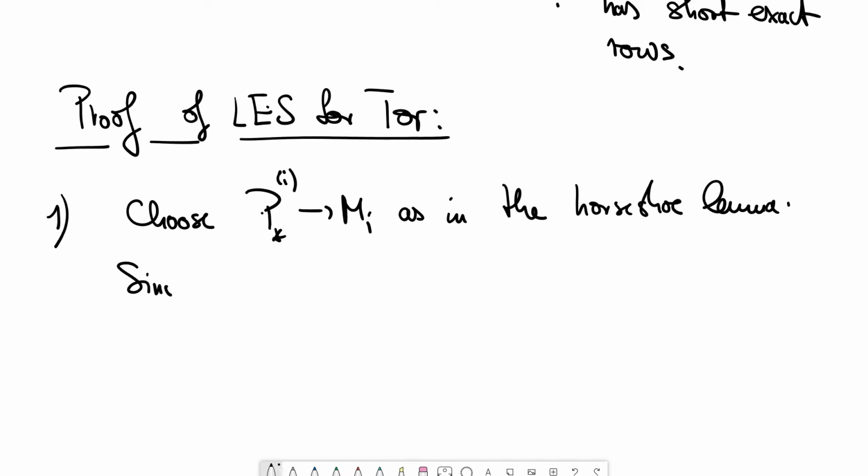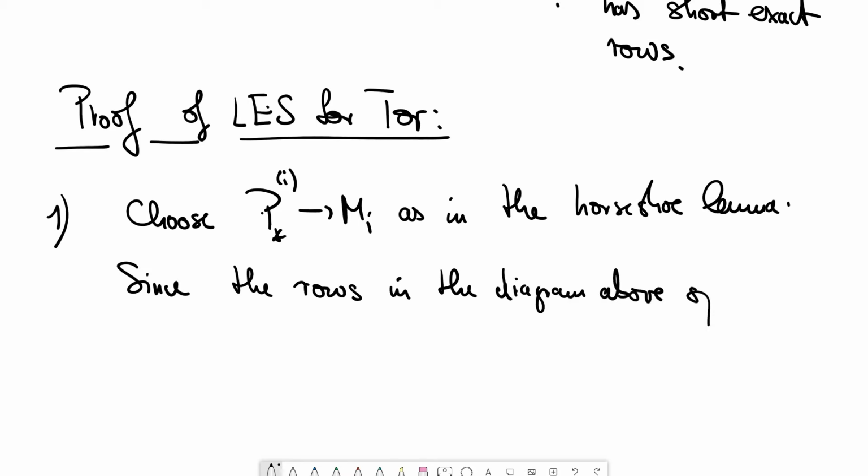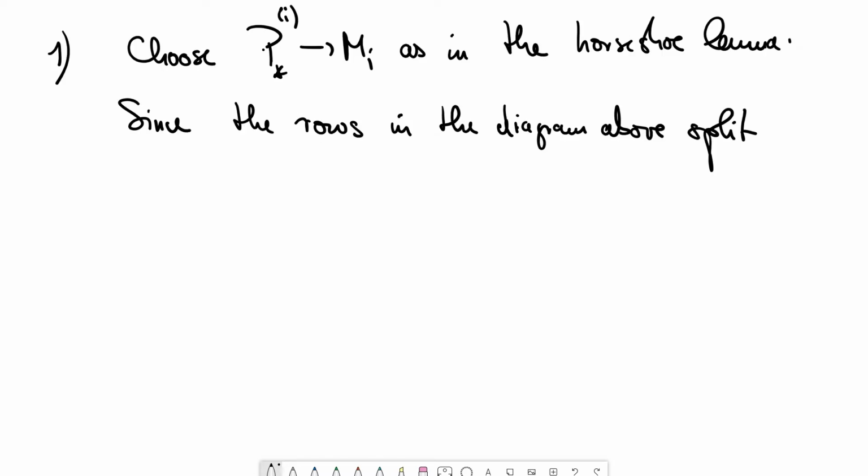Since, as you already mentioned, the rows in the diagram above split, we also get from this that if we tensor with N, we still have something short exact in each degree.